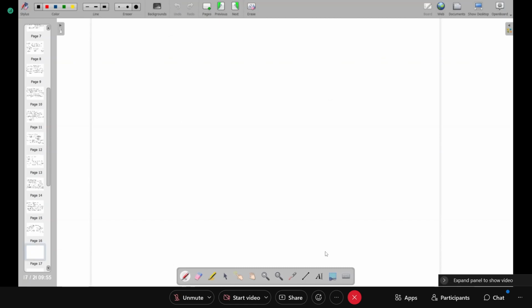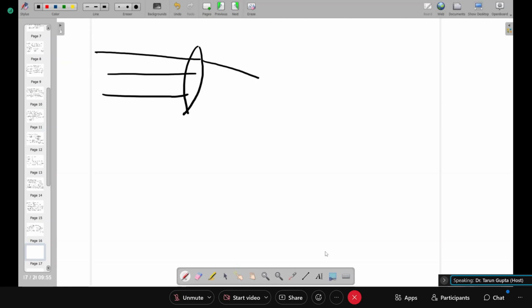As you study in physics also, if I am drawing a lens here, and these rays are converging at a unique point, fine, that's why we call this a converging lens.